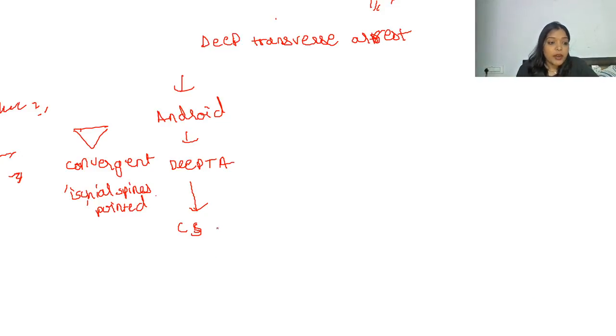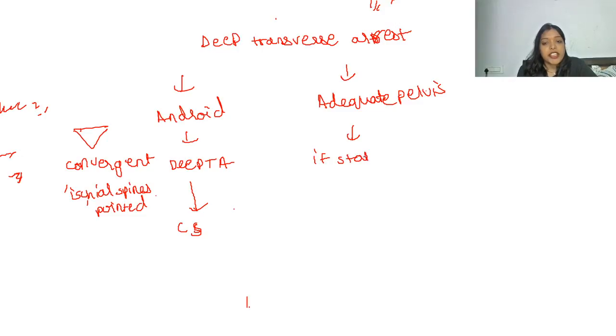Right? Now, I'll ask you the second possibility. If you have deep transverse arrest with adequate pelvis, then you have to check for the station of the fetal head. If station of the fetal head is below +2, always remember you can do instrumental delivery.